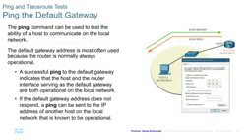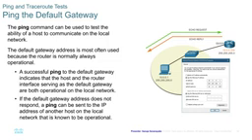Ping the default gateway. Another way that we use the ping command is to test the ability of a host to communicate on the local network. The default gateway address is most often used because the router is normally always operational. So routers are typically always turned on in a networking environment.